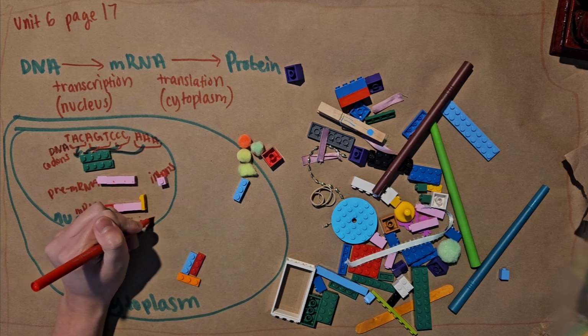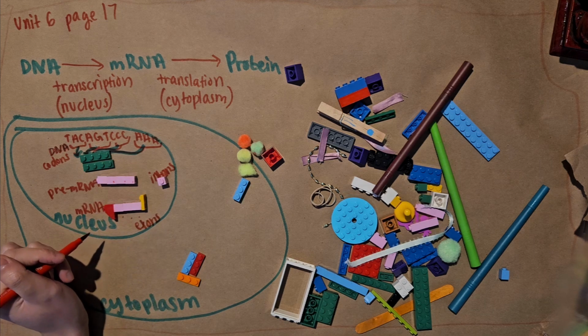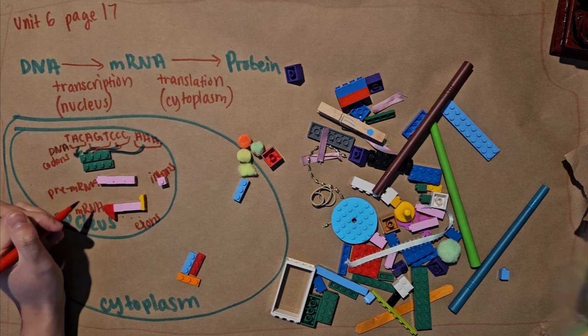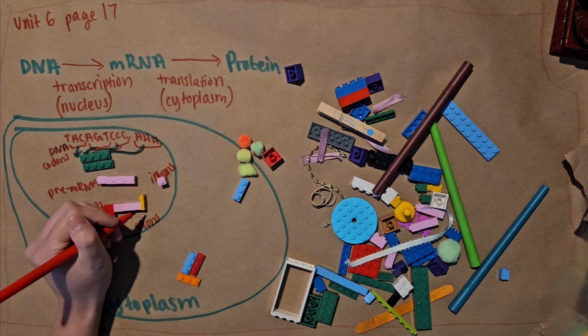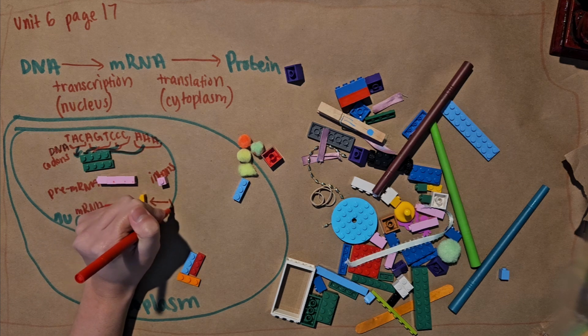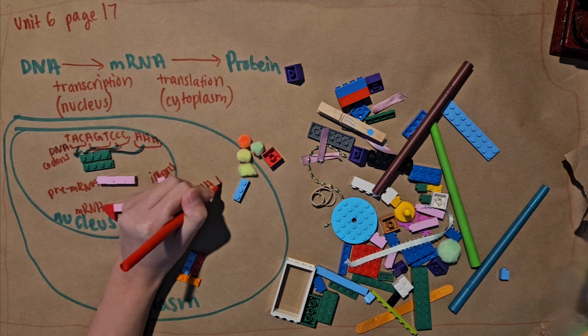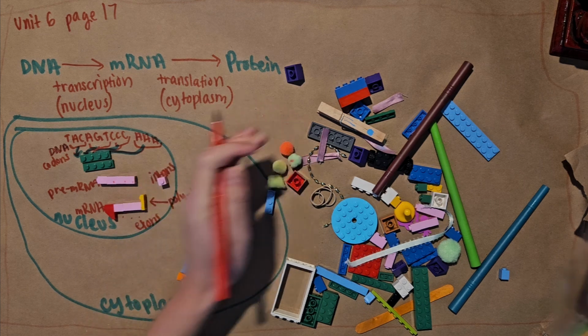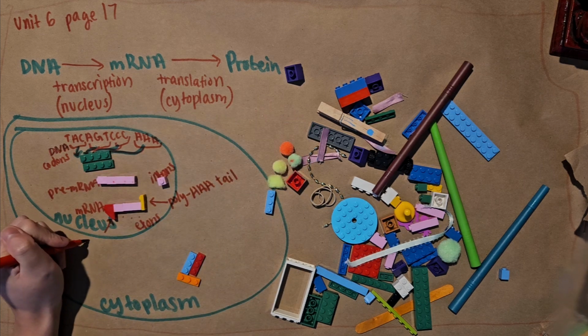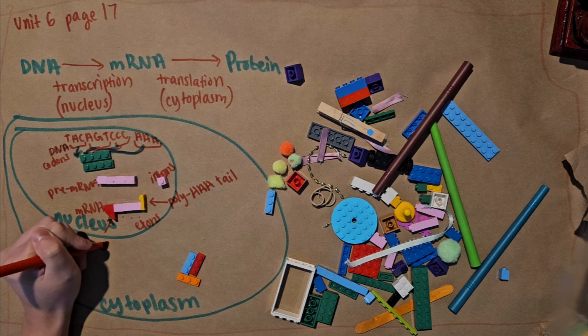So exons are able to exit the nucleus. And then we're also putting on a 5' cap and a poly A tail. So this will be the poly A tail, and this will be the 5' cap.